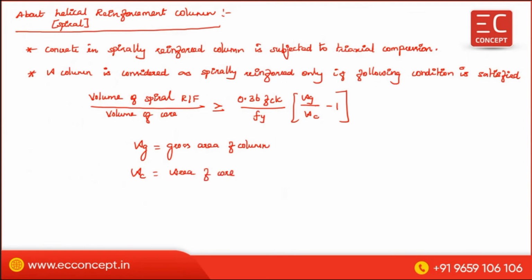The gross area is pi by 4 times the diameter of the column squared, and the core area is pi by 4 times the diameter of core squared. Okay. So this condition must be satisfied. You have to keep this condition in your mind for examinations. They will directly ask you this condition. Okay. So this is all about the helical reinforcement column.